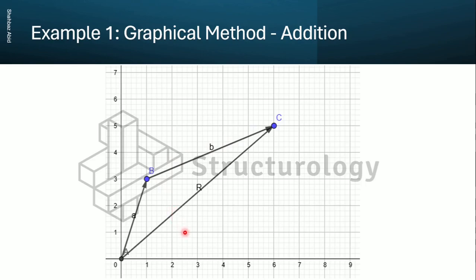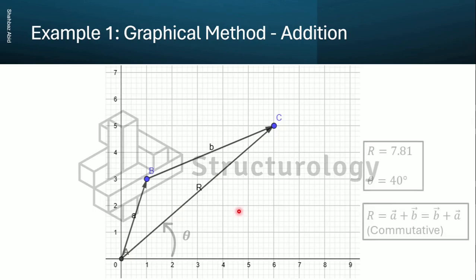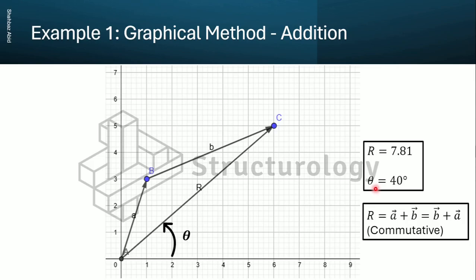So I'm just shifting vector B with the same orientation and the same magnitude, and the resultant is going to go from the starting point, which is here, to the ending of these two vectors. This resultant we can calculate. If we use a ruler, we can get the r value, and we can even get the theta value by using a protractor.